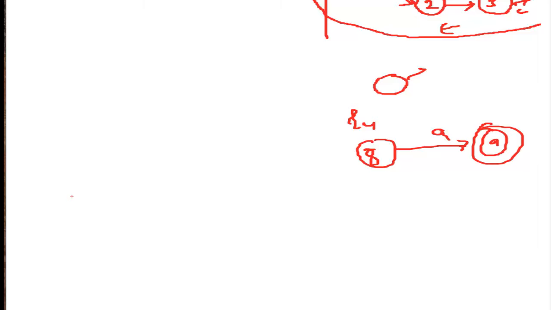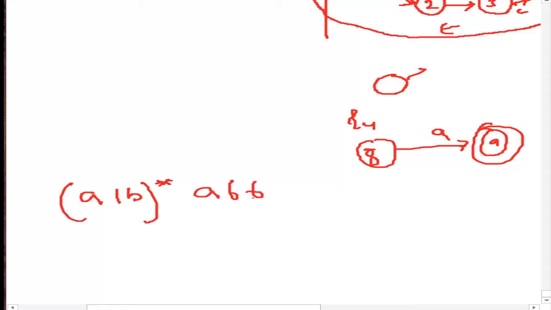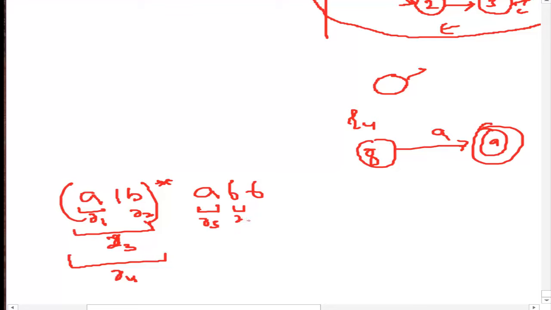Let's take one last example, that is (A or B) star A B B. How will we do it? This is my R1 and this is going to be R2, and combined together they will be R3. Then the star of it, R3 star, will be R4. Now this will be R5, this will be R6, this is going to be R7.